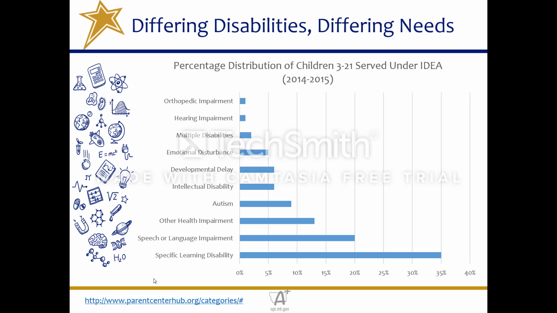One thing to note about these: part of the definition for these students and the criteria for identifying a disability in a student is that the disability needs to have an impact on that student being able to access and achieve, and it impacts their academic achievement.